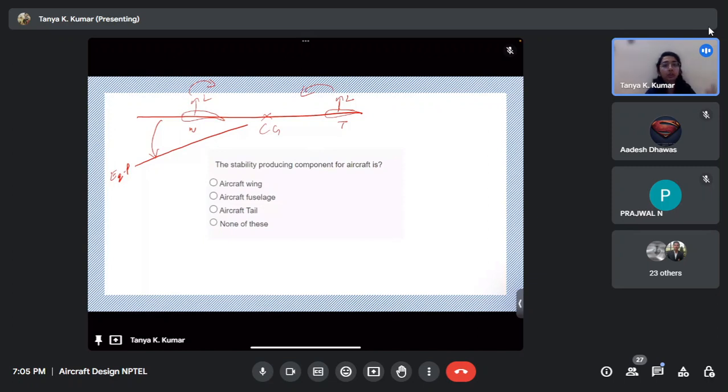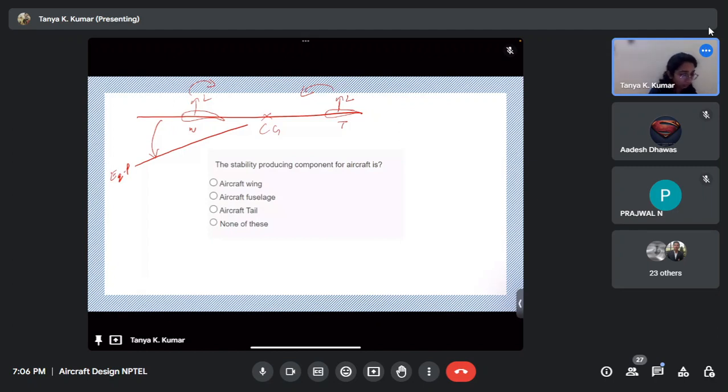So the lift produced at the tail produces a counterclockwise moment, which gives you a pitch down moment. It will try to bring the aircraft back to the equilibrium point, correct? Correct. So that is how the tail contributes towards stability.